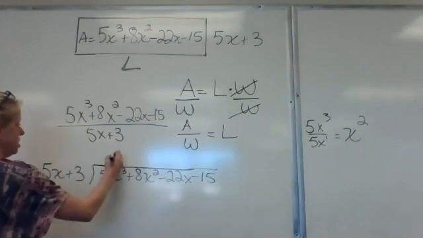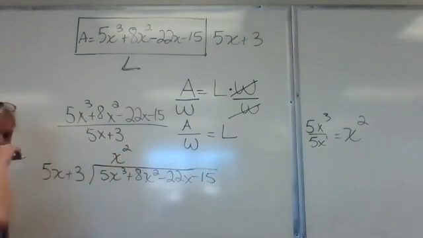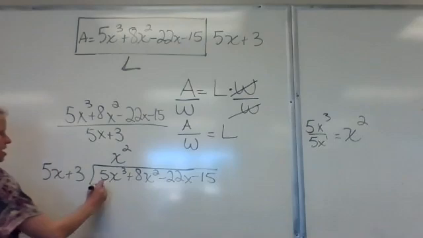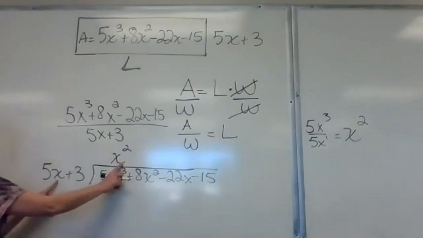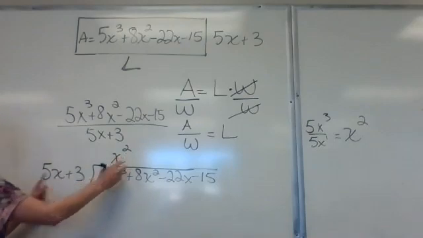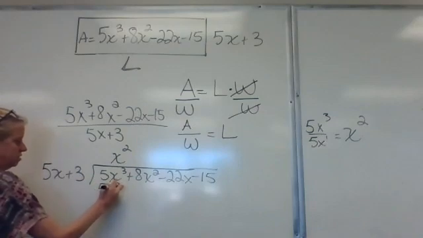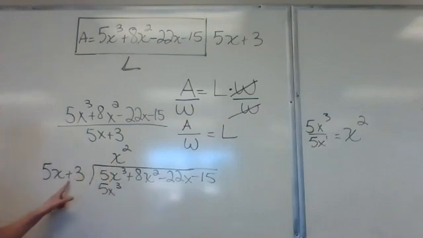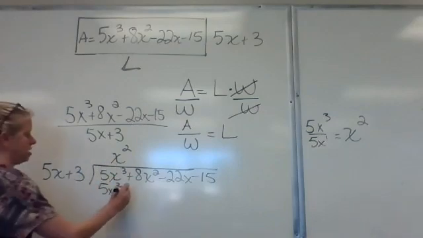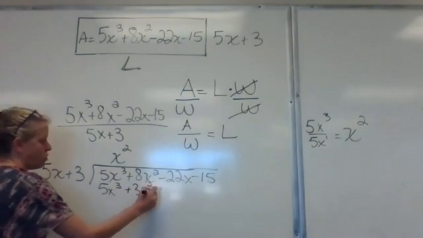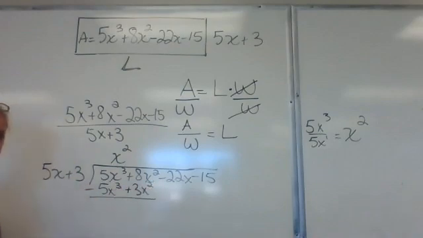So that's the first thing that's going to come up here, the x squared. Multiply it. X squared times both of these. So x squared times 5x, right? That's going to give me 5x to the third. X squared times positive 3 gives me positive 3x squared, and then subtract.